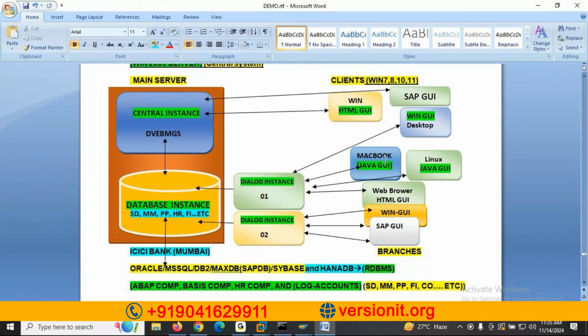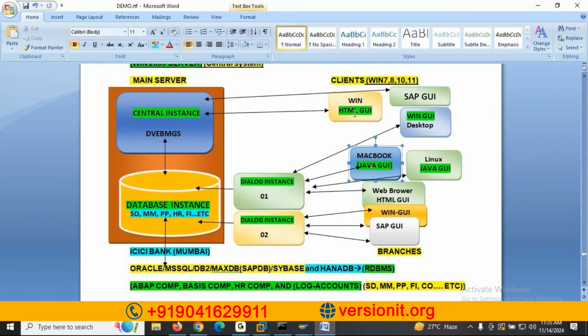And this Java GUI should be used when someone is loading a Linux operating system on their laptop, Ubuntu or CentOS, we have Linux. Those are free operating systems in the world. People not paying Microsoft can download free operating systems as well. So if you have loaded that free operating system, what should be the GUI on it? The same Java GUI. On Linux also Java GUI, and on MacBook also Java GUI.